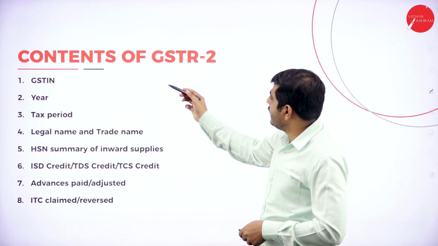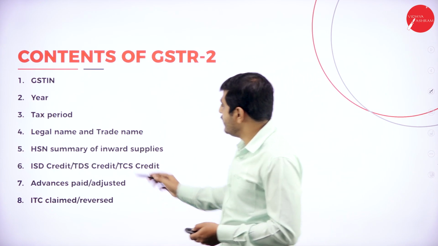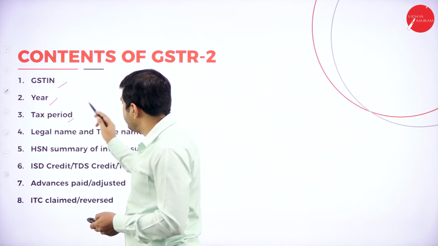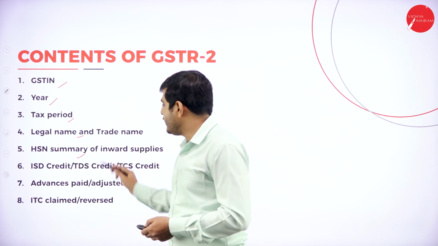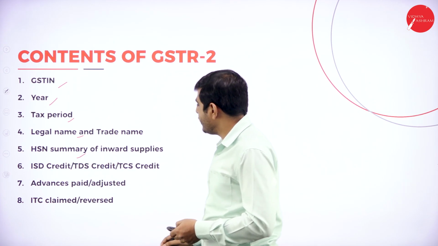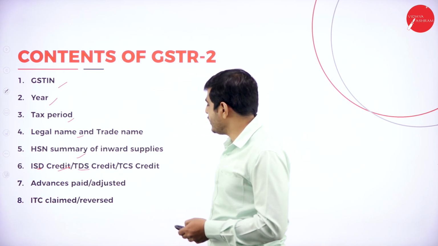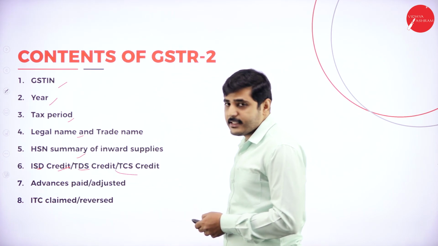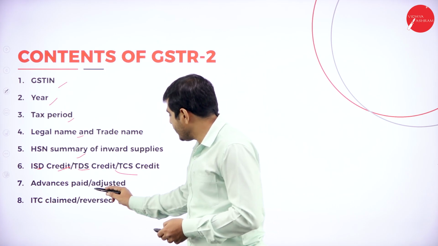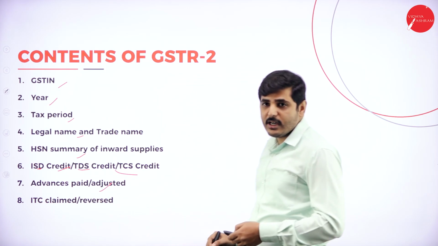Again, the contents of GSTR 2: GST number, year, tax period, legal name and HSN summary. Next, input service distributor credit, TDS credit and TCS credit. Next, advance payment. Next, ITC claims or reverse charge.